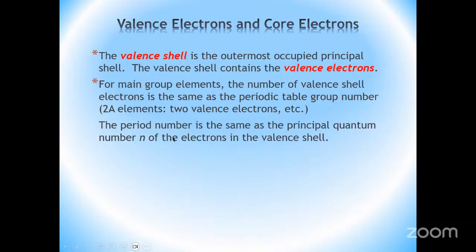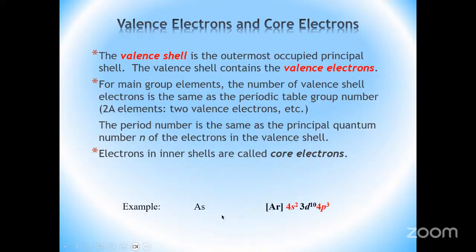And then the period number is the same as the principal quantum number n of the electrons in the valence shell. Now, all the other electrons that you can identify within an atom that are not valence shell electrons are called core electrons, all right? So let's look at an example. Suppose you're given this. Well, this here is the abbreviated electron configuration for this element, which is arsenic, right?